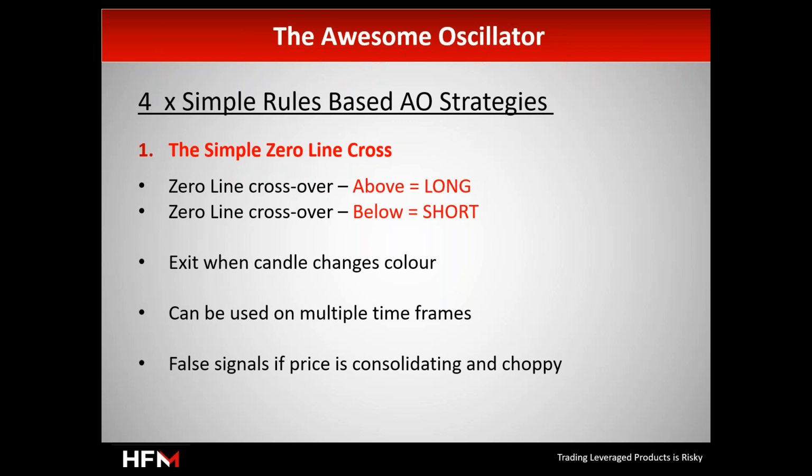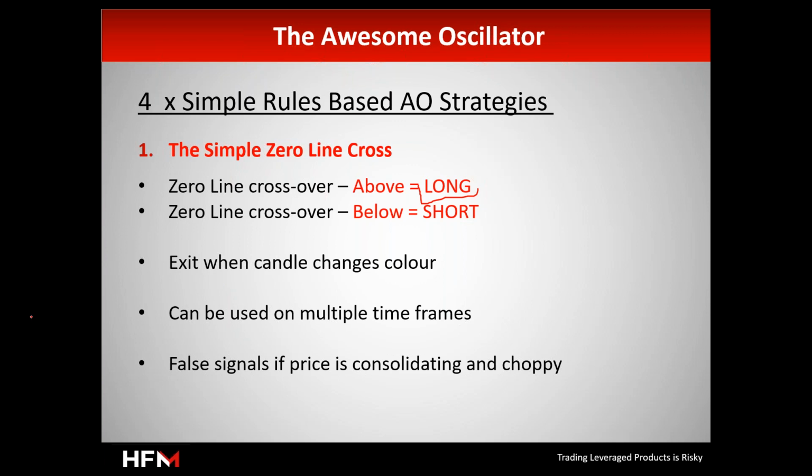If the Awesome Oscillator crosses above the zero line, this signals bullish momentum. If it has just crossed, or if it's above the zero line and keeps moving higher, then it signals bullish momentum, and that implies a long position.